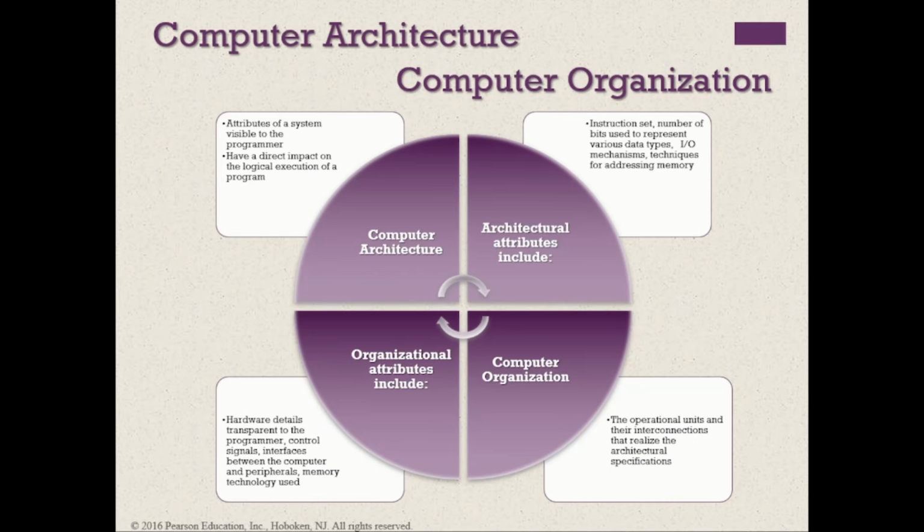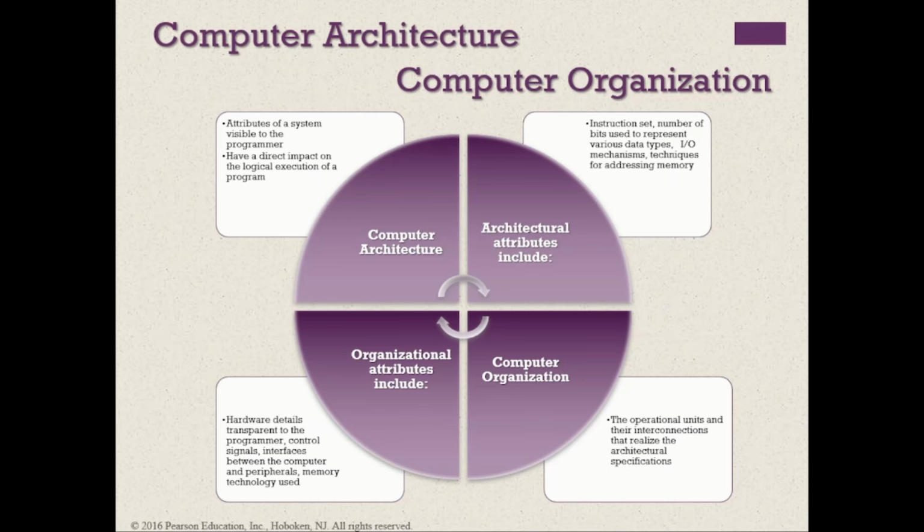Then computer organization refers to the operational units and their interconnections that realize the architectural specifications. Examples of architectural attributes include the instruction set, the number of bits used to represent various data types such as numbers and characters, the input-output mechanisms, and techniques for addressing memory.